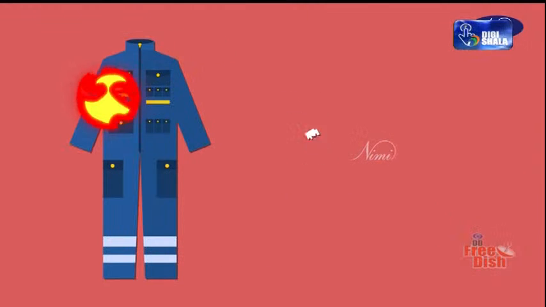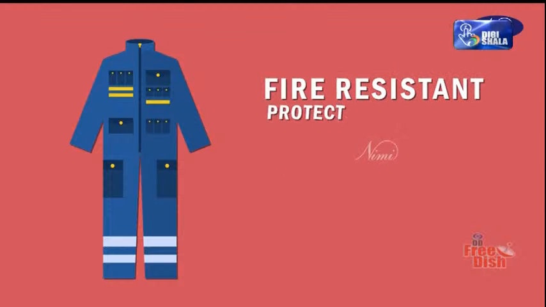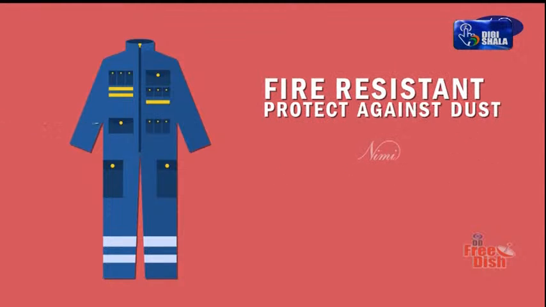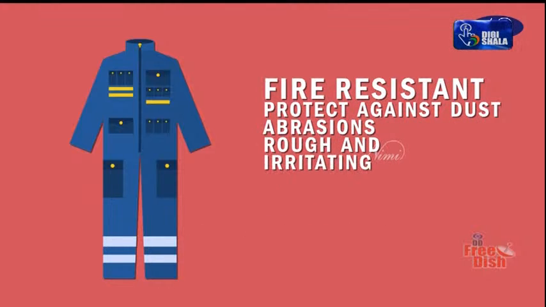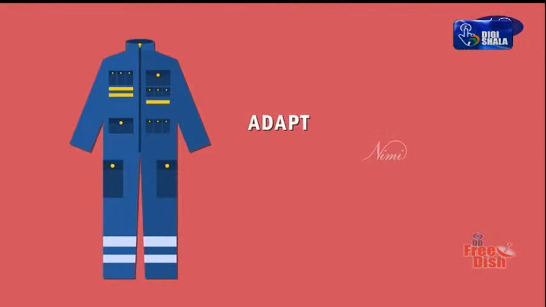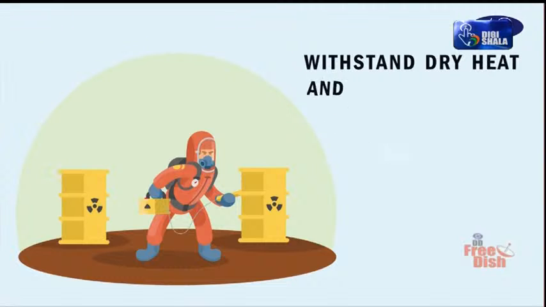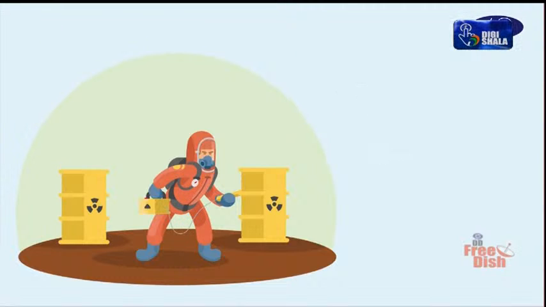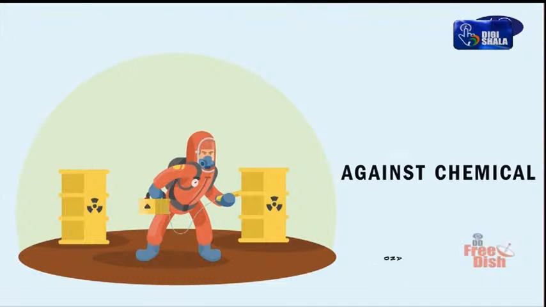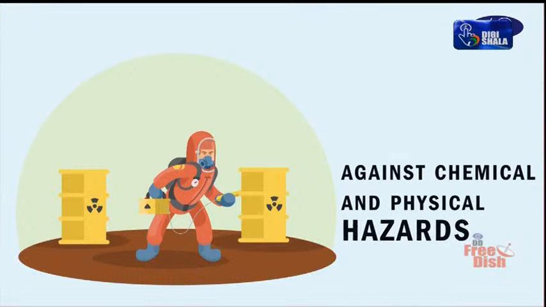It should be fire resistant and protect against dust, abrasions, rough and irritating surfaces, and adapt well to changing temperatures. It helps to withstand dry heat and flames. It works against chemical and physical hazards.